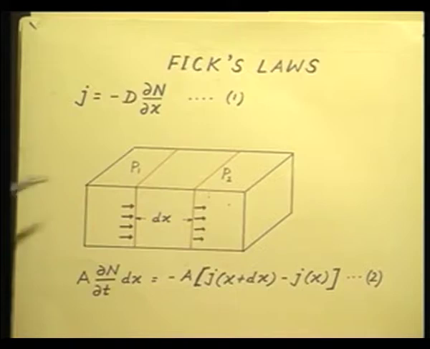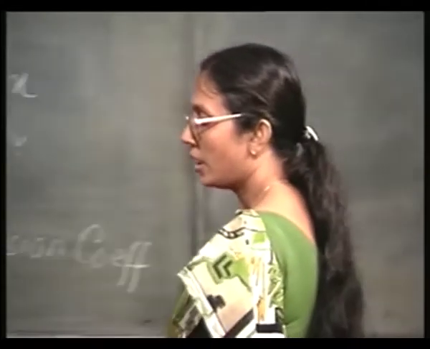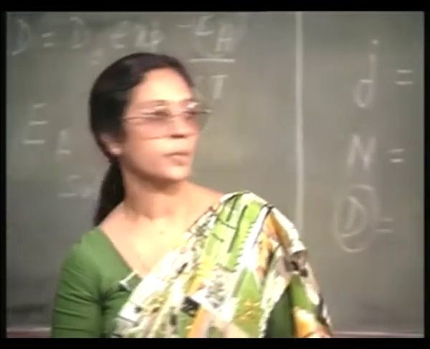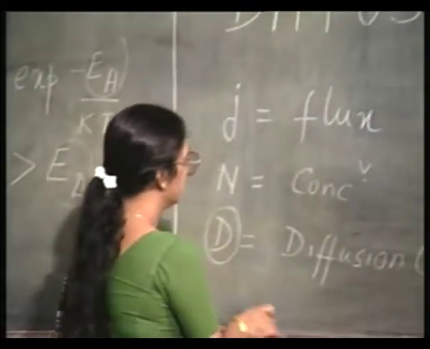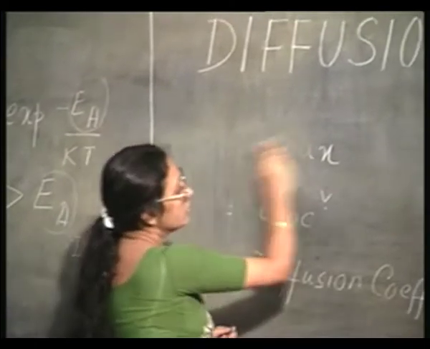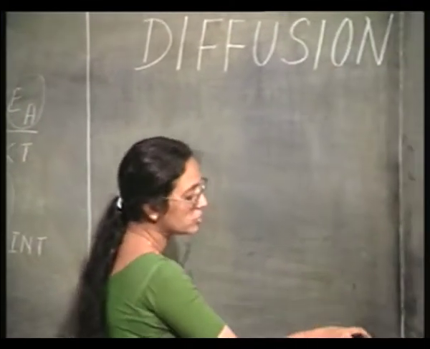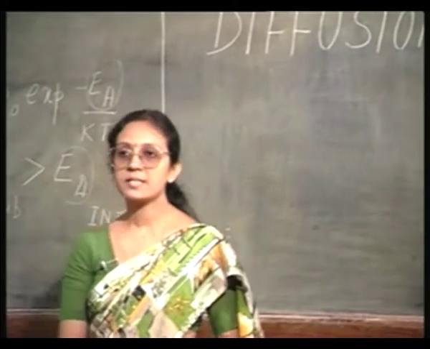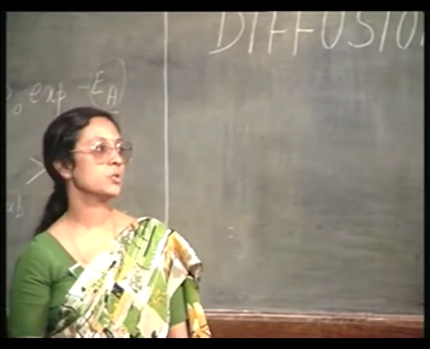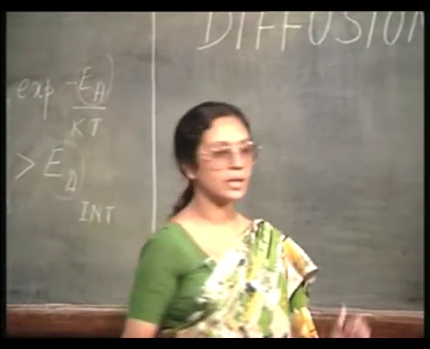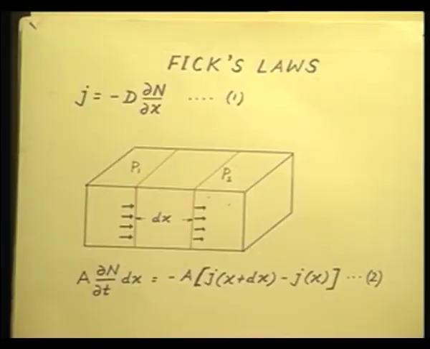Now, I have identified two planes in this parallelepiped marked by red and called P1 and P2. Okay. So, you see, physically the dopant atoms are moving in, crossing the plane P1, moving towards the right. Let us consider what is happening between these two planes P1 and P2 separated by an incremental distance dx.